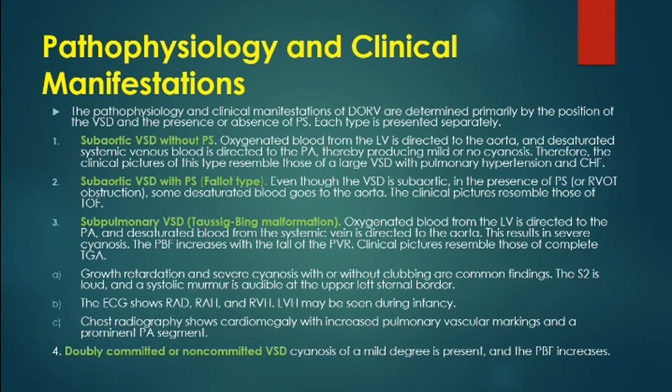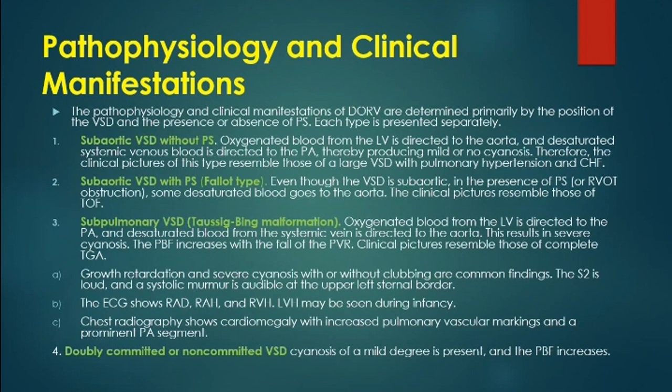It's exactly like a patient with large VSD clinically, presenting with increased pulmonary blood flow, congestive heart failure, and will develop pulmonary hypertension. Cases with subaortic VSD and pulmonary stenosis, what we call Fallot type double outlet right ventricle, present clinically exactly like the Fallot.